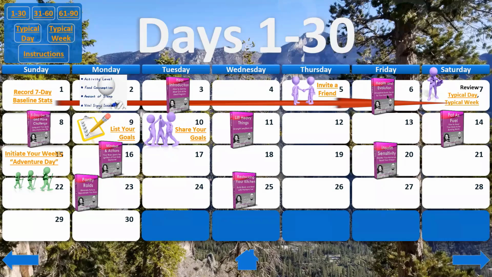Here are the lessons of the Heal program spaced out to give you a little time to internalize and activate the information in your life. And, invite a friend. Take a look at a typical day, a typical week, and let's just look at that real quick.